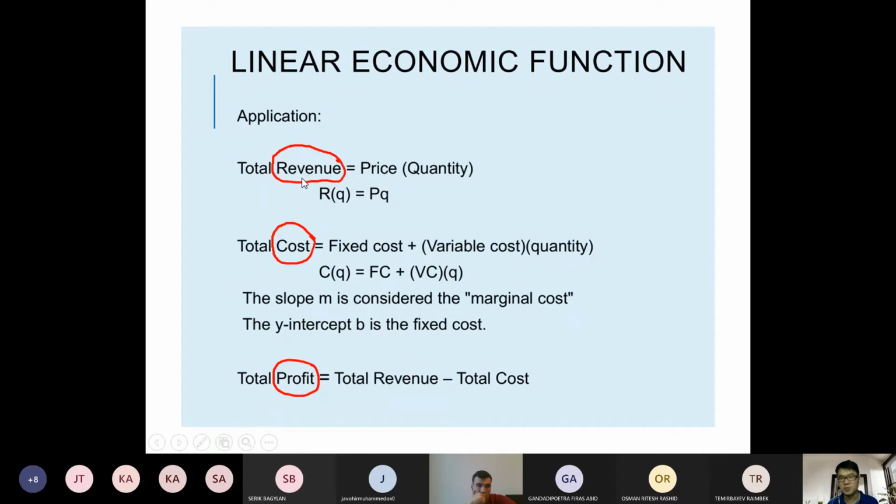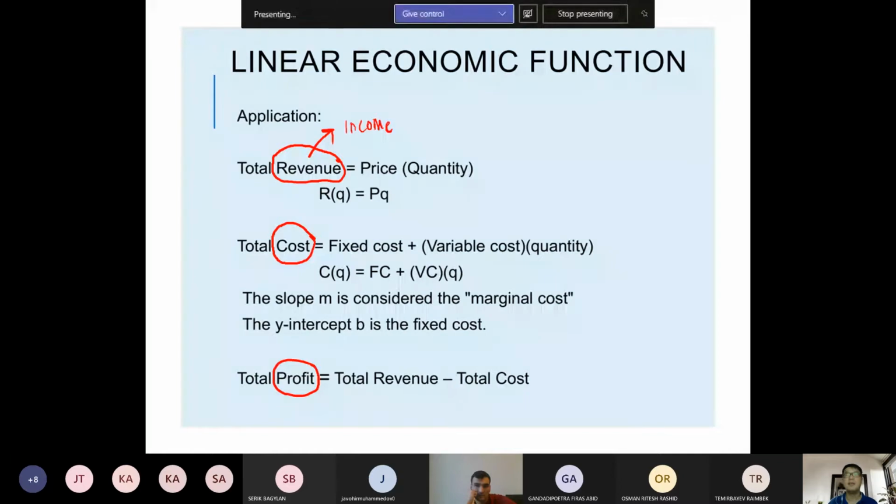Now, let's see. What is revenue? The revenue is actually the income from your business. Let's say, for example, you are selling some products. Can you give me an example? What are the products that you are selling?